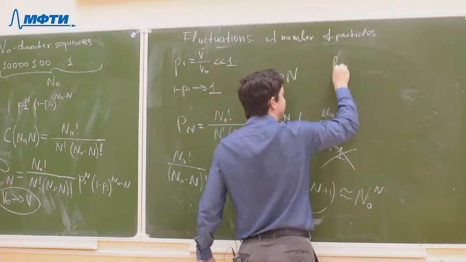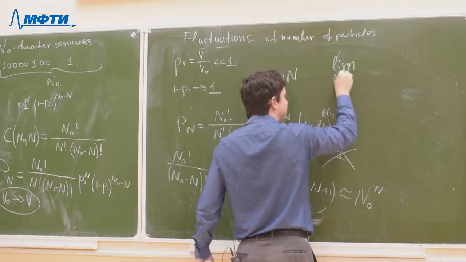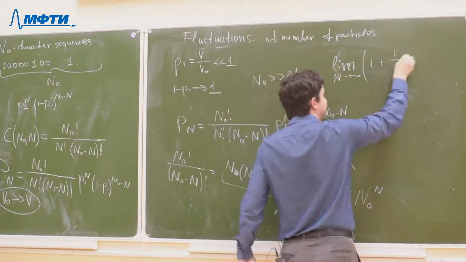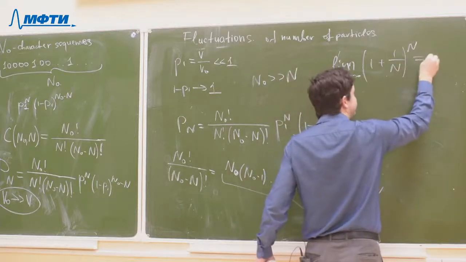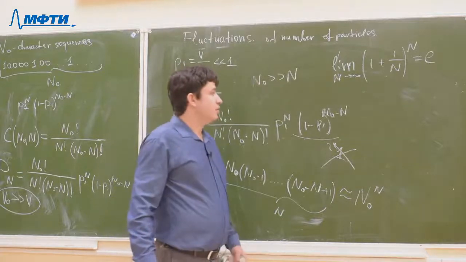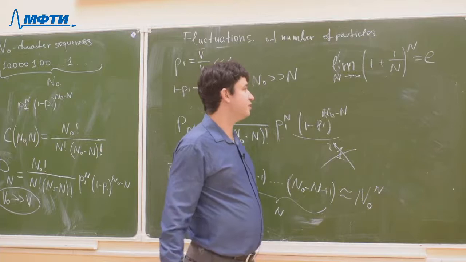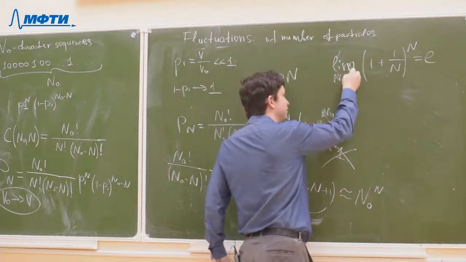So let me show that. You all know this limit. This is number e, which is the base for the natural logarithm exponent.